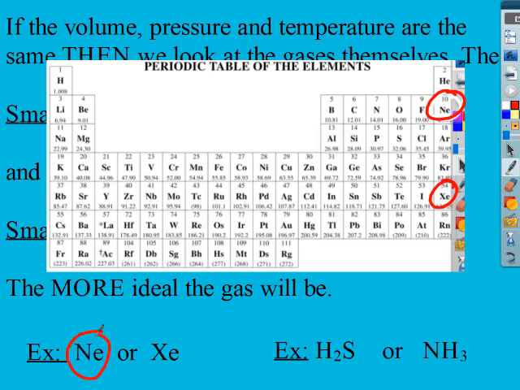It also has the lower IMF because it has fewer electrons. H2S and NH3, you may remember NH3 is hydrogen bonded while H2S is dipole-dipole. Well, H2S is a weaker intermolecular attraction, therefore it's going to be more ideal.